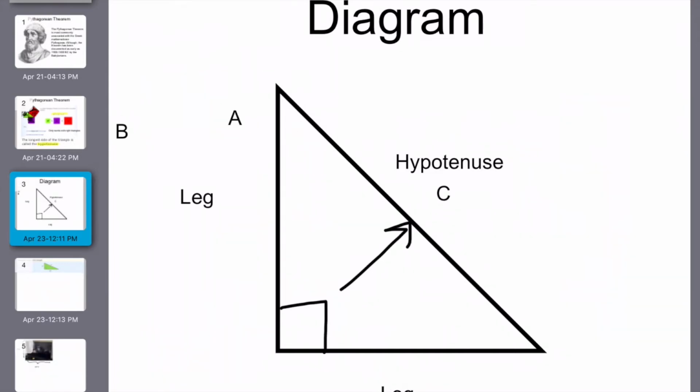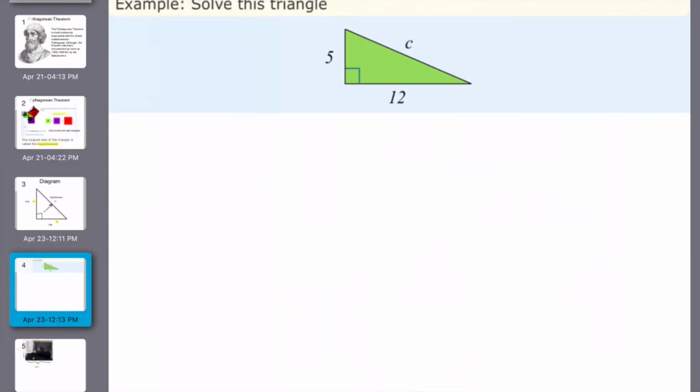Nothing special. We're going to make this leg a and this one leg b. Now, this could be a and this could be b, it really doesn't matter. The only thing that does matter is that the hypotenuse has to be side c. So let's try an example of this.